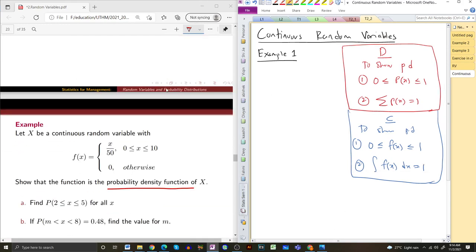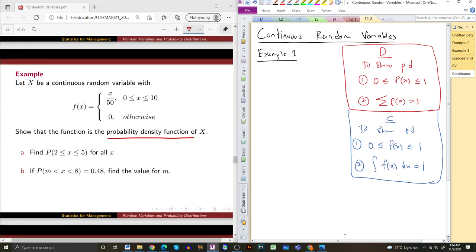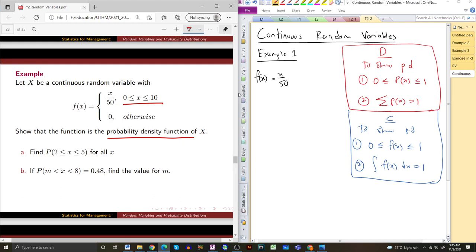Now looking at example 1 here, my f(x) is given. You notice that in discrete they will give you x equal to 1, 2, 3, 4, 5, something like that, individual numbers.